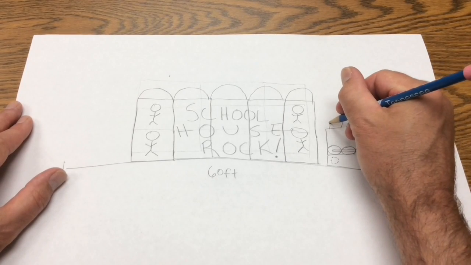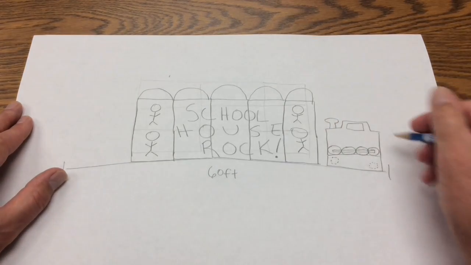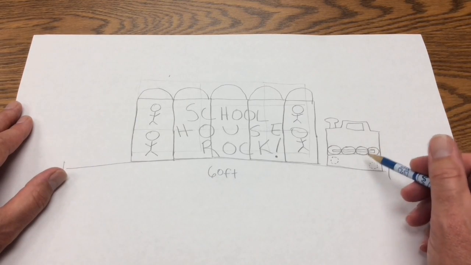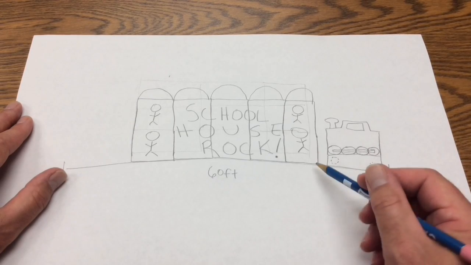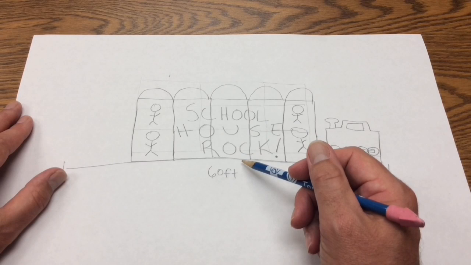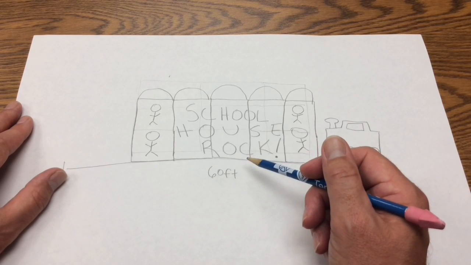Maybe a smokestack. And then obviously it could double as more than one thing. But the basic idea is that you want to have somewhat of a clearer picture as you do this.